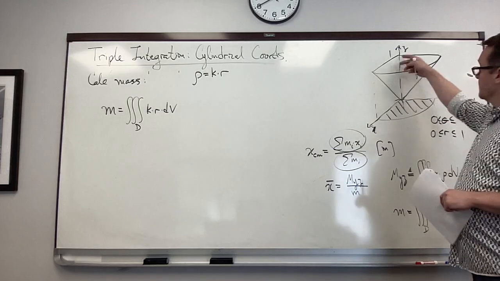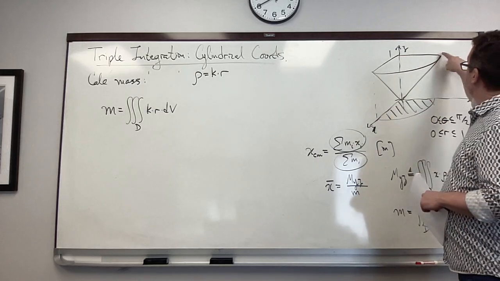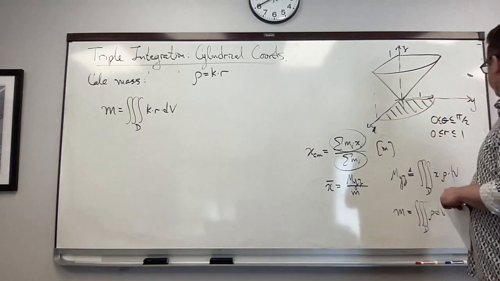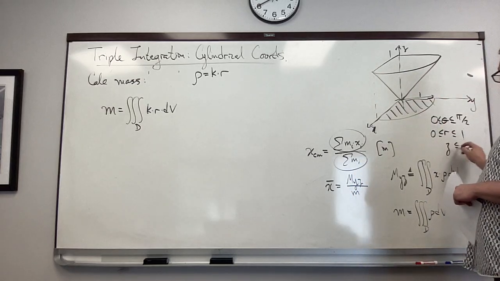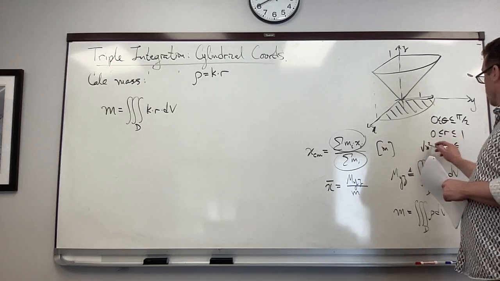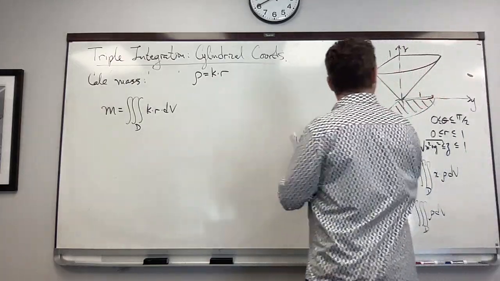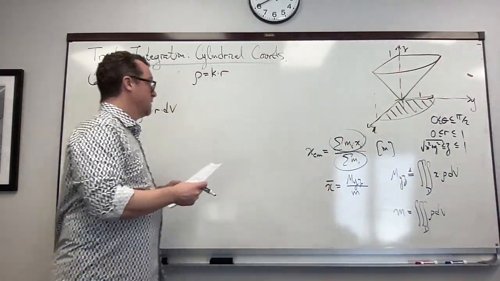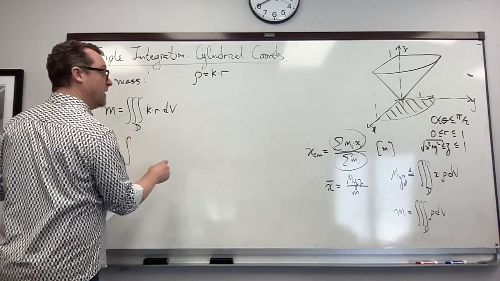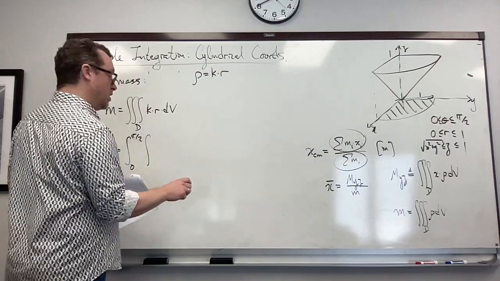I know it's r equals 1 because we have a cap at z equals 1, and its endpoints here are 1 and 1, so that falls down. This is a radius of 1. And z: the bottom of z is the square root of x squared plus y squared, and the top of z is 1. The bottom is the cone surface, the top is the top. So I'll do theta on the outside, and I'll do r next.